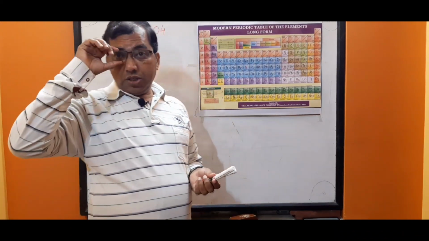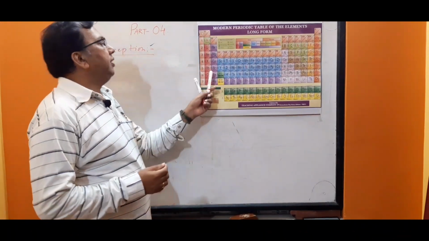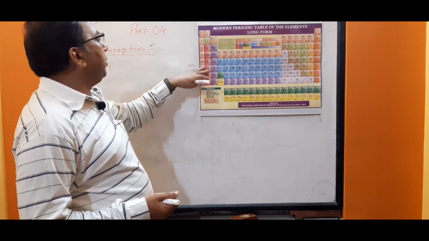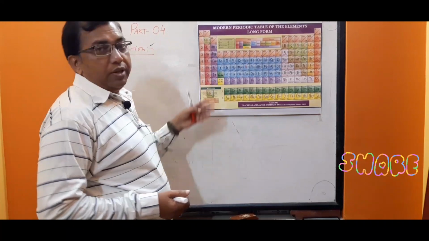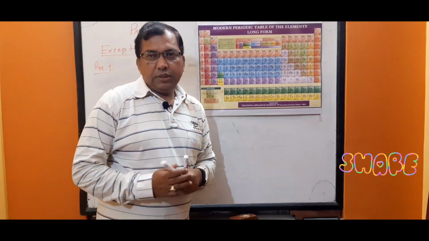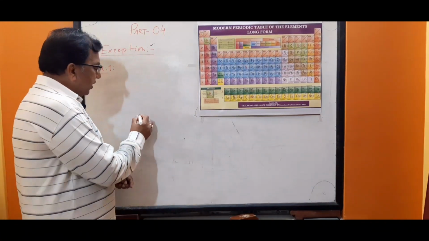So in this d block, 3d, and the 5th and 6th groups, what do we see first out here?